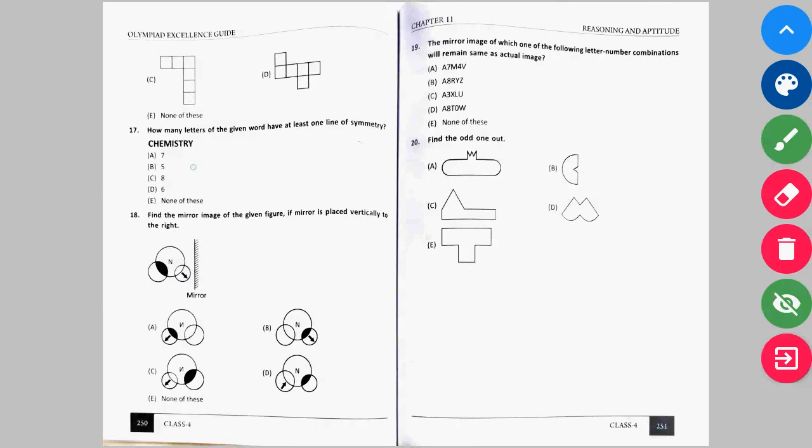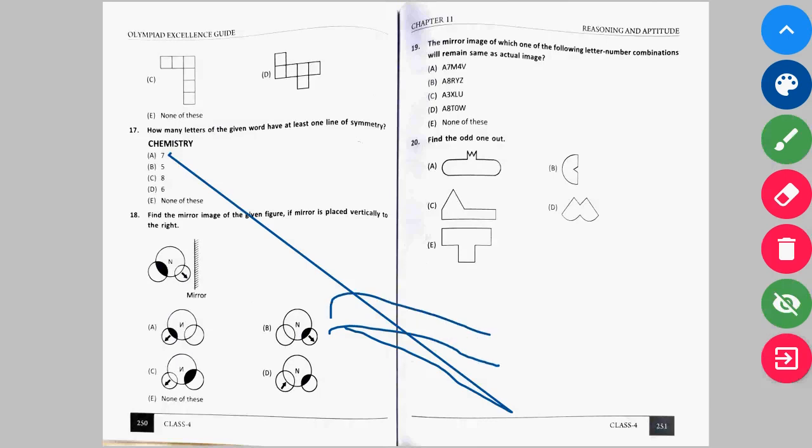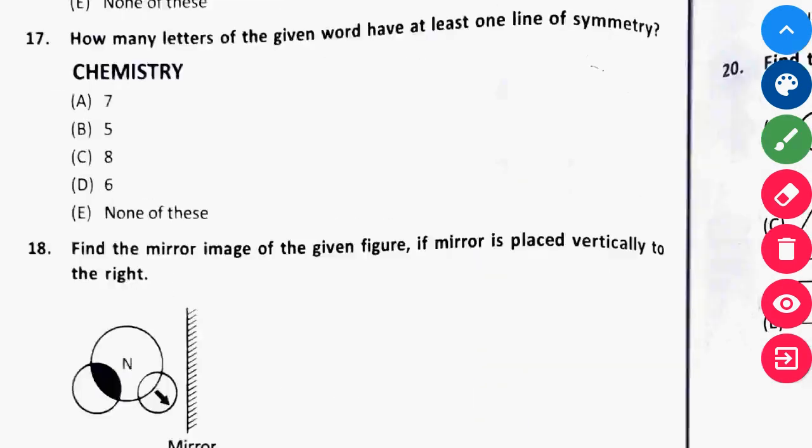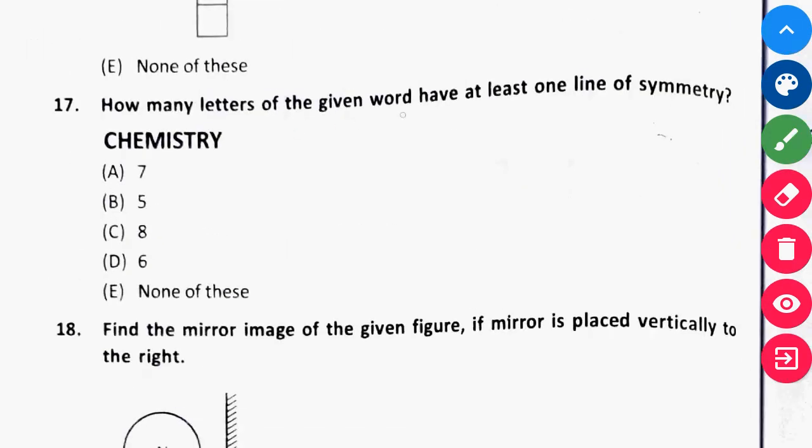Okay. Now the next is how many letters of the word have at least one line of symmetry in the word chemistry?